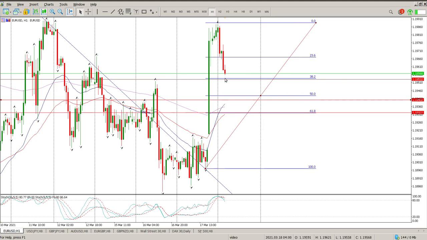The first level is a 38.2, then you've got the 50% Fibonacci further down and the 60% even further down. So three levels to watch: 119,532, you'd prefer 119,400, and 119,322 would be awesome.